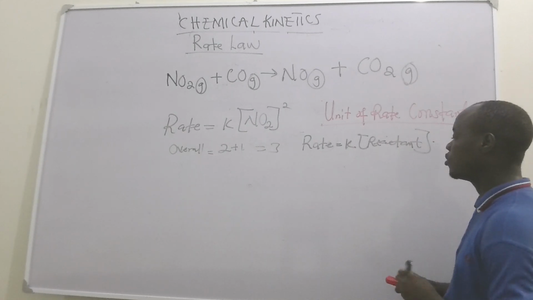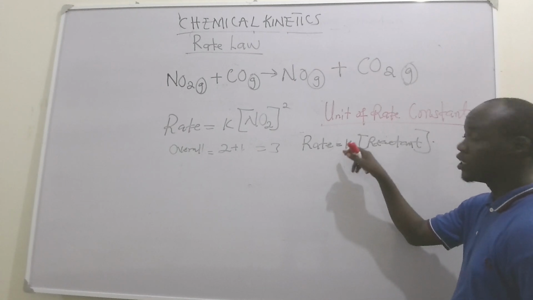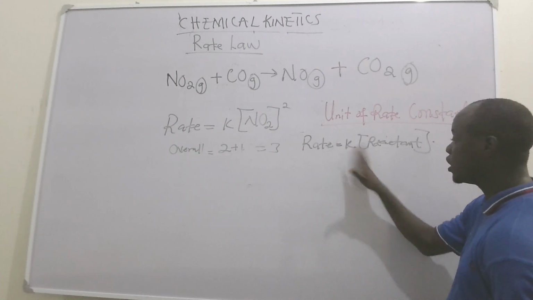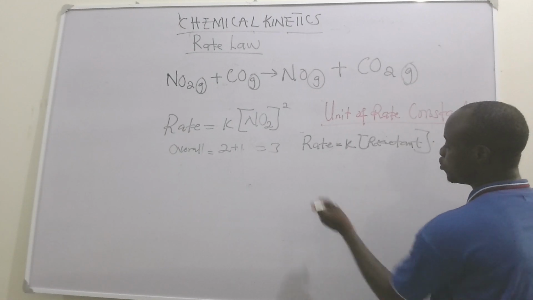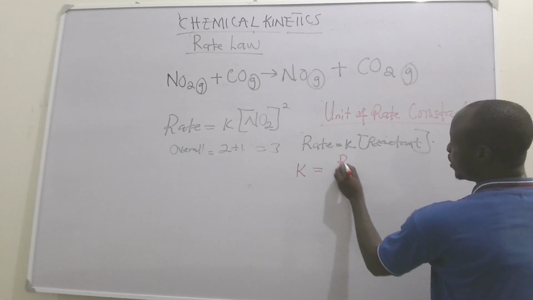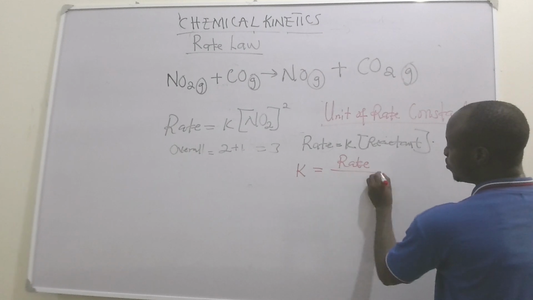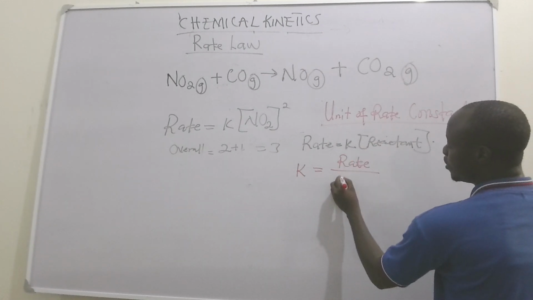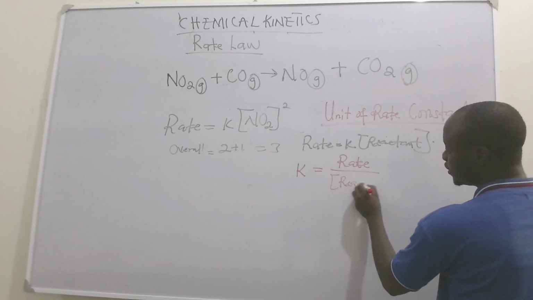And of course, to get the unit of the rate constant, you can simply make k the subject of the formula. Therefore, we have k is equal to rate all over reactant concentration.